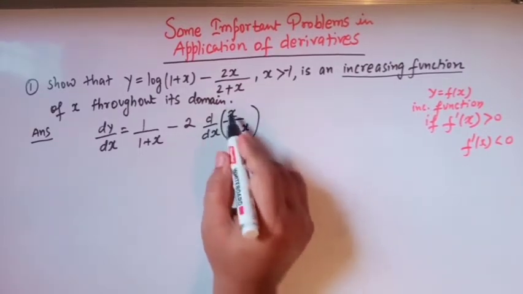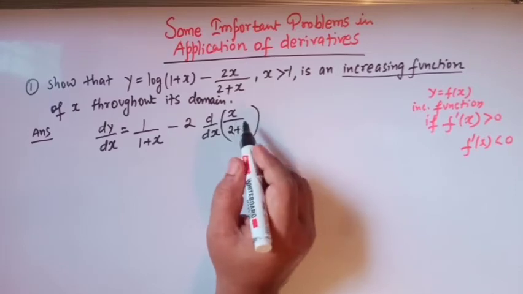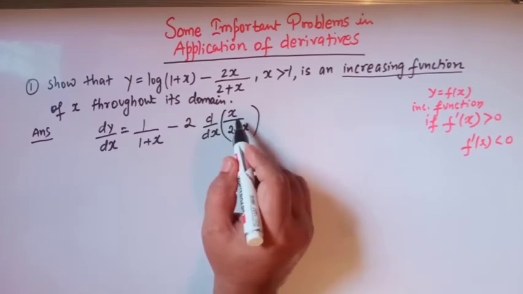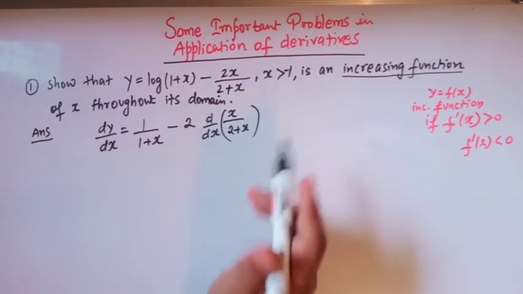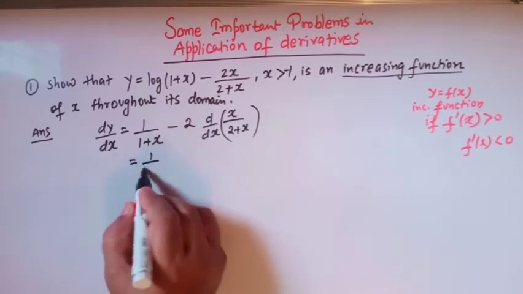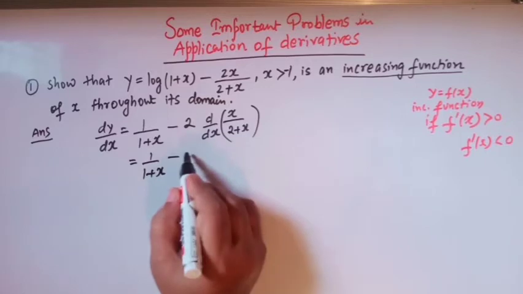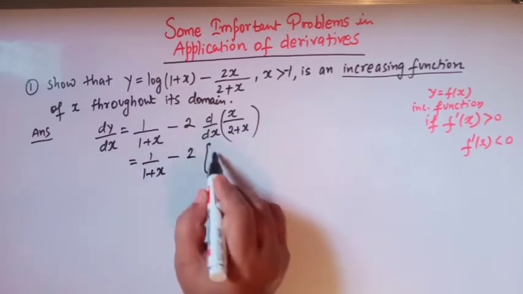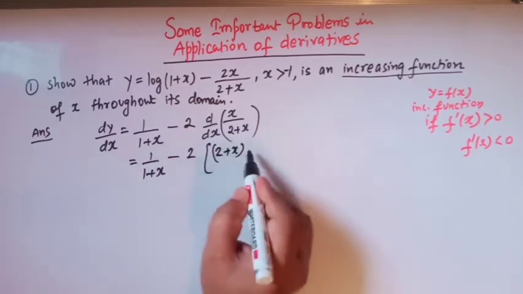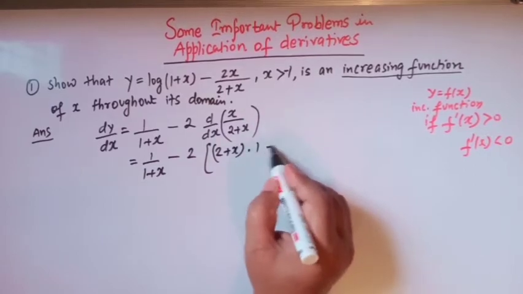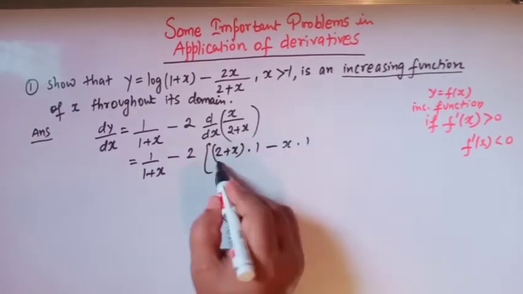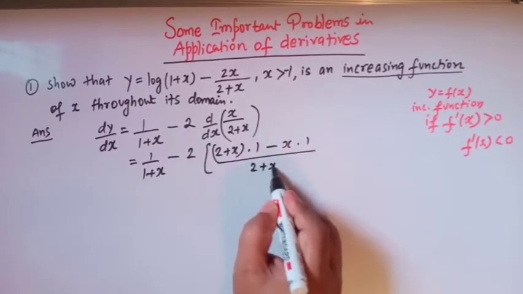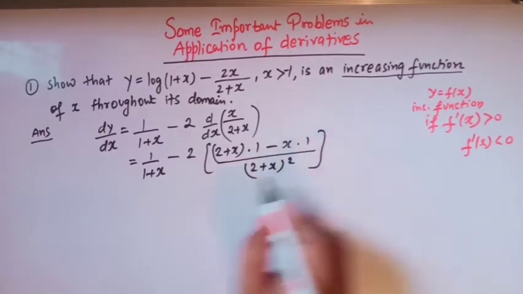So here we will apply the quotient rule, the derivative of a quotient of two functions. So we have 1 over 1 + x minus, and here we have (2 + x) times the derivative of 2x, which is 2, minus 2x times the derivative of 2 + x, which is 1, divided by (2 + x) square, right?